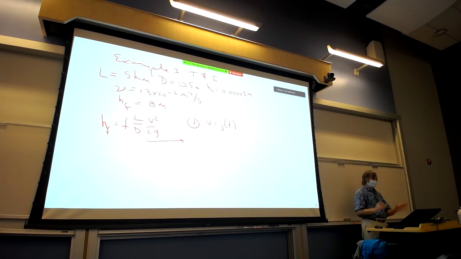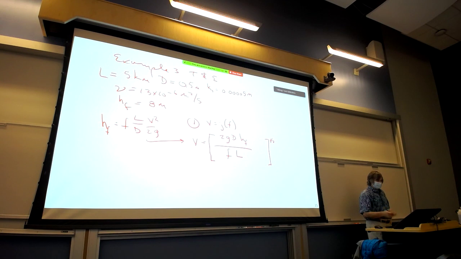So I'm just going to rearrange this equation to solve for velocity. So velocity is going to equal the square root of 2g diameter H sub F divided by friction factor times L. That's how we rearrange that equation.